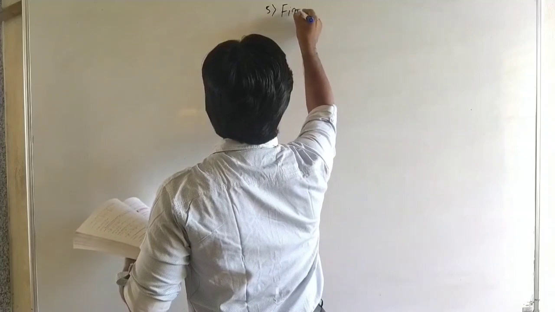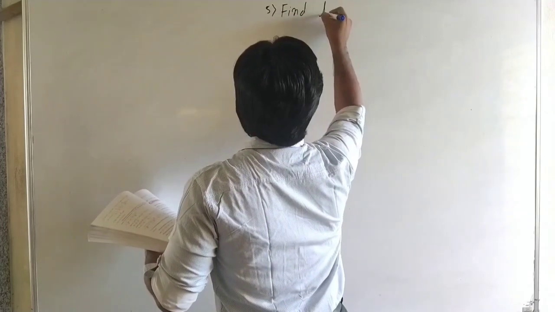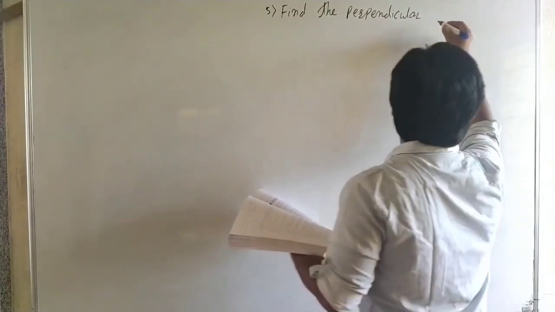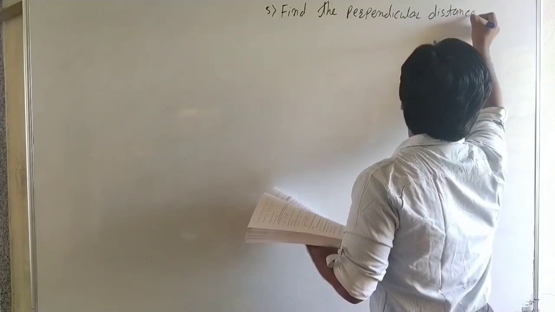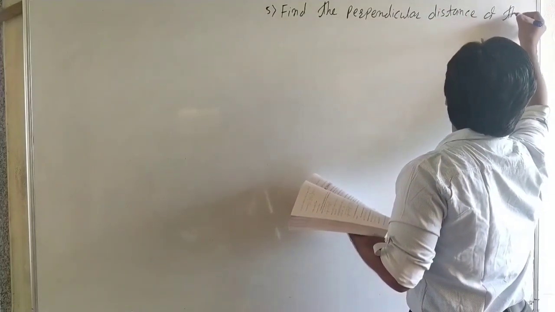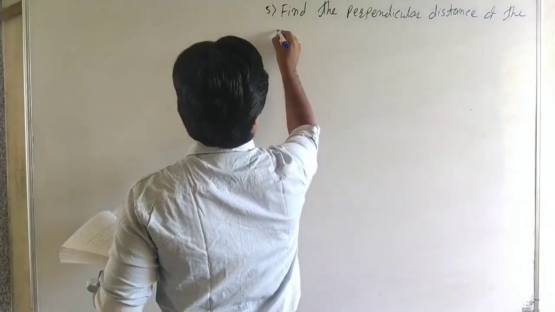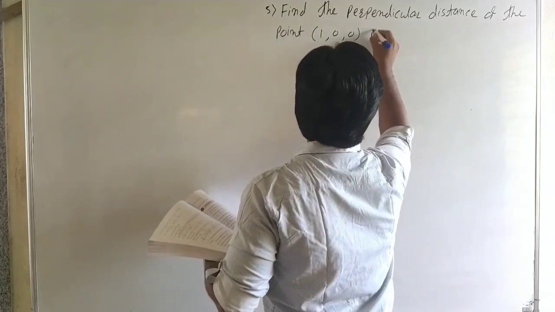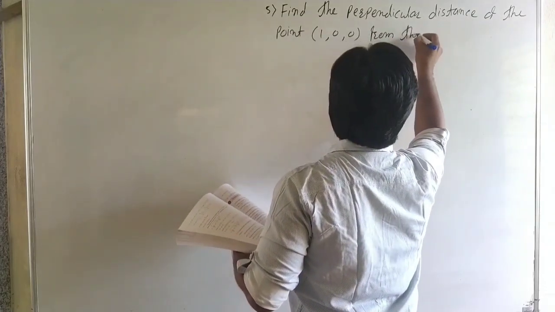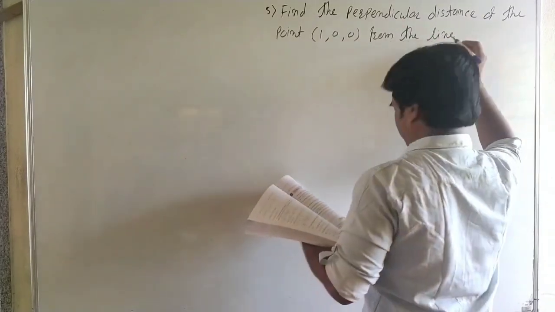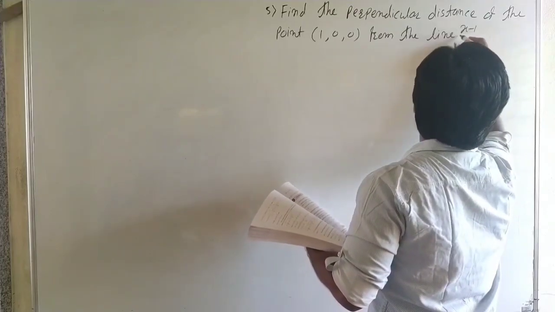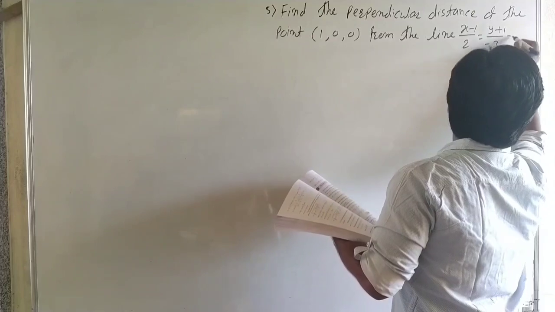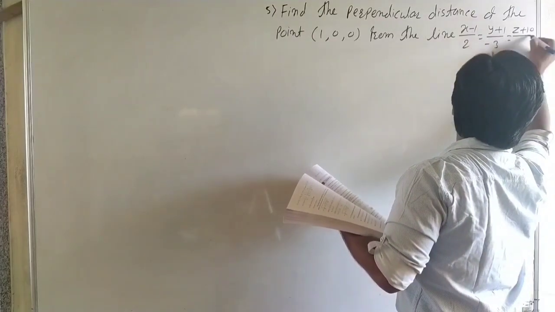Find the perpendicular distance of the point (1, 0, 0) from the line (x minus 1) upon 2 is equal to (y plus 1) upon minus 3 is equal to (z plus 10) upon 8.